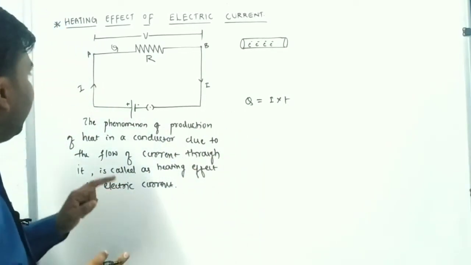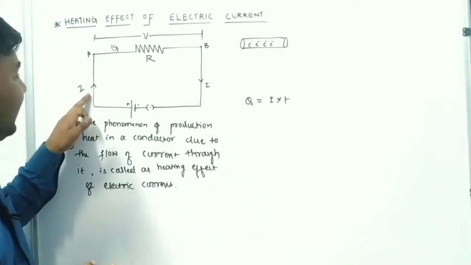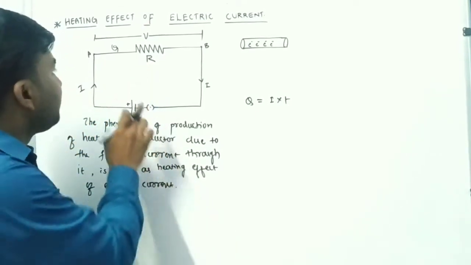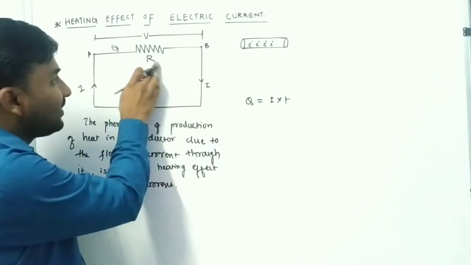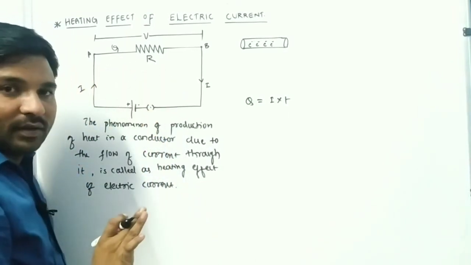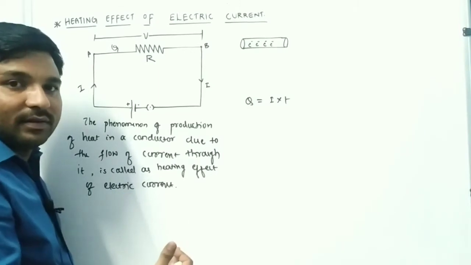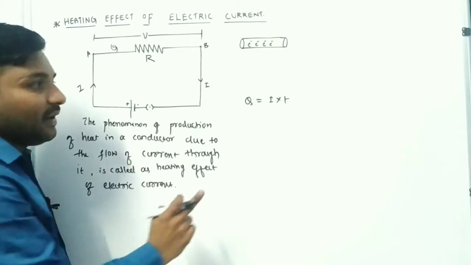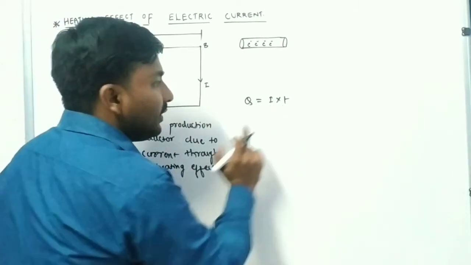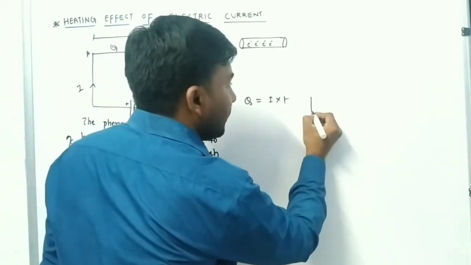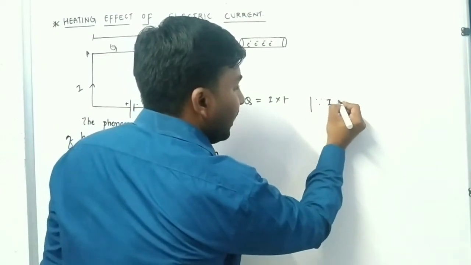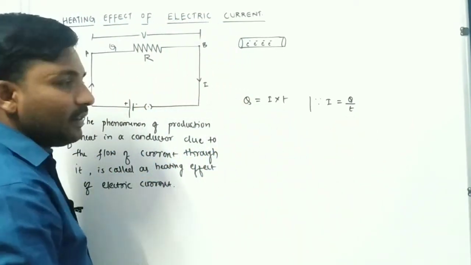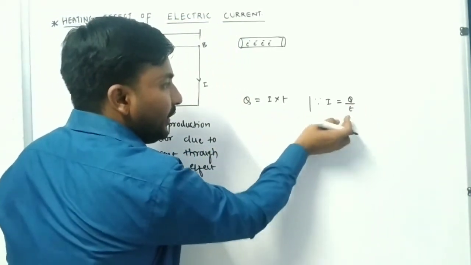Once again I will explain. When the current I is flowing through this conductor, the charges, the electrons, are in motion. So the amount of charge flowing in a conductor can be written as Q is equal to I into T, because what is the current formula? I is equal to Q divided by T. Therefore, Q is equal to I into T.